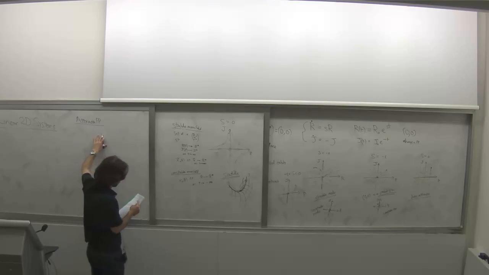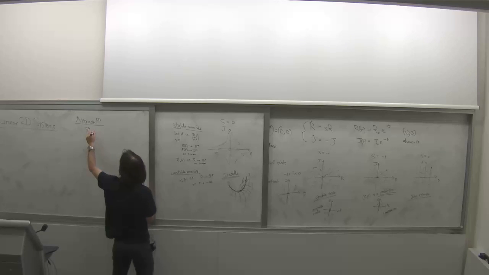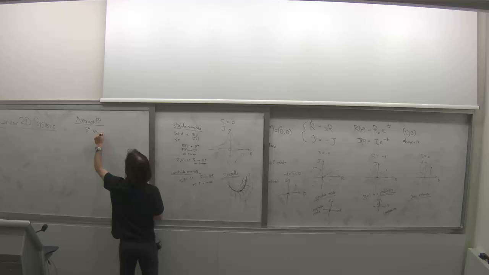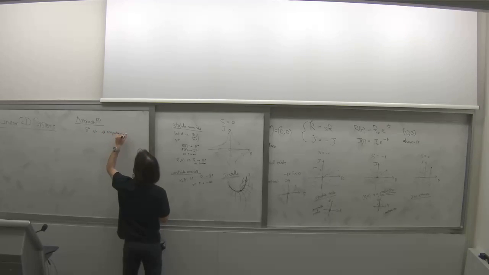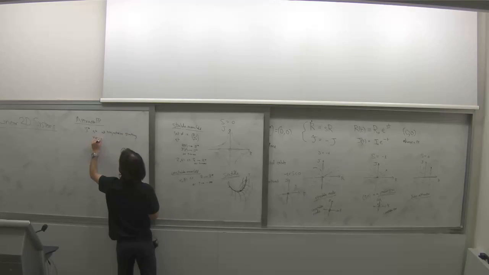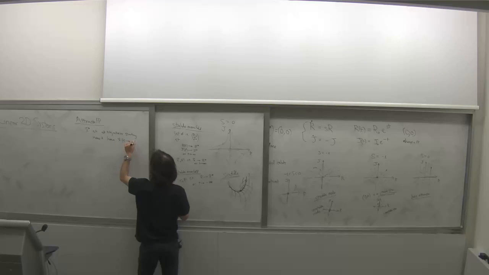For an attracting fixed point, we say that this is a fixed point, a vector, such that all trajectories starting near the fixed point have x going to the fixed point itself as t goes to infinity.